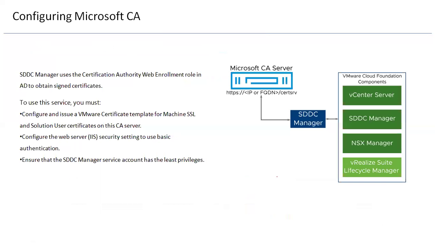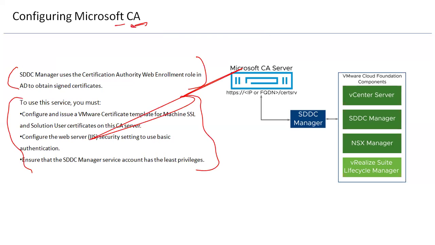All right. When we talk about configuring the Microsoft CA, it's your Microsoft server that you are going to initiate as a certificate authority. For that you have to be an expert on Microsoft, well versed in how Microsoft Active Directory and certificate authority work together to generate and create the certificates for any kind of environment.